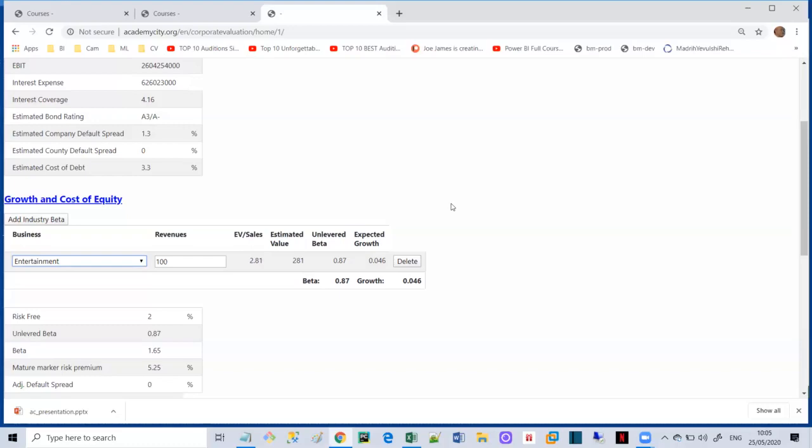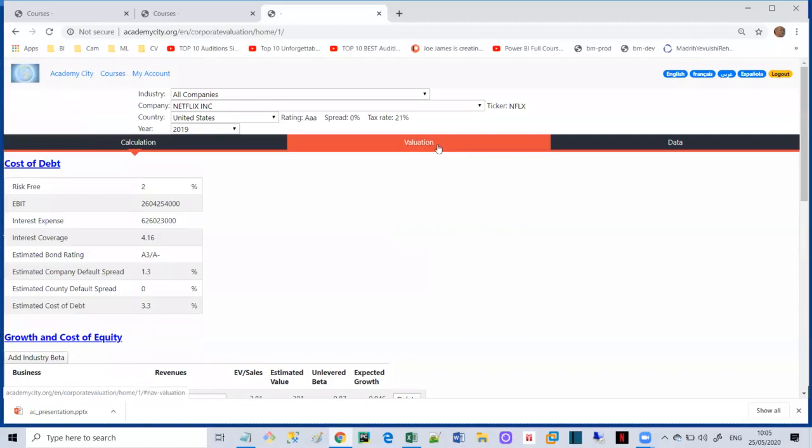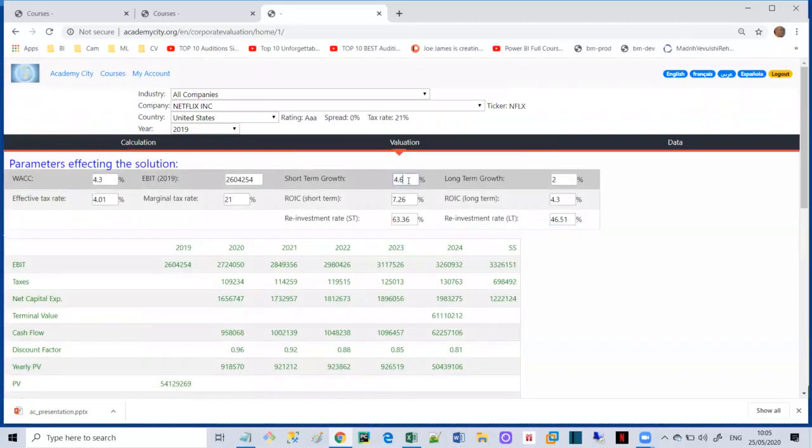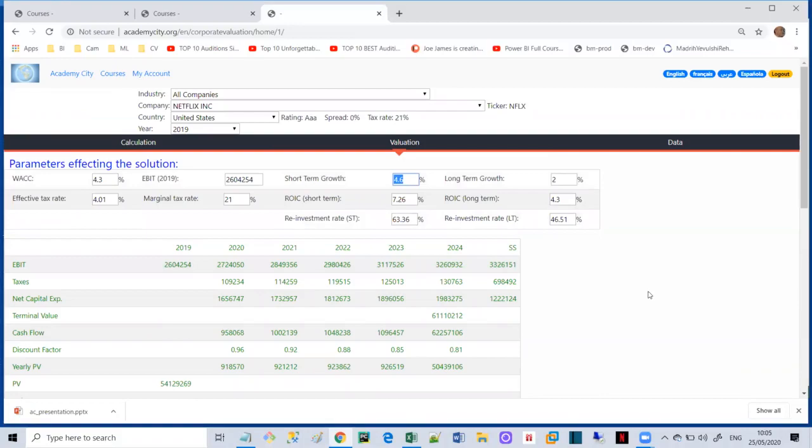According to them, it's 4.6%. So after I choose this one, it automatically picks up the analyst forecast for the next 5 years. This is the number we're going to use. In fact, if you go now to valuation, you will see this is exactly this number.